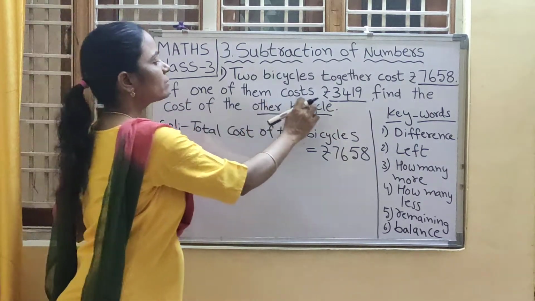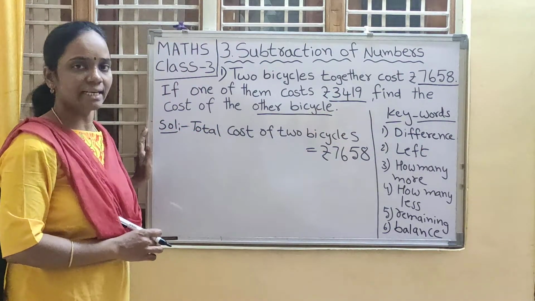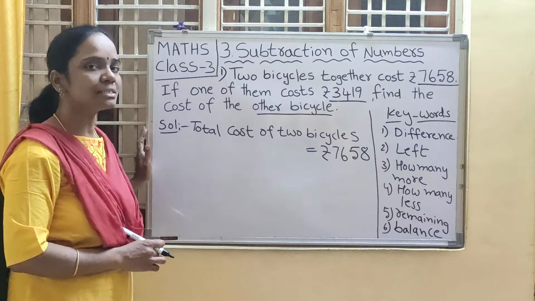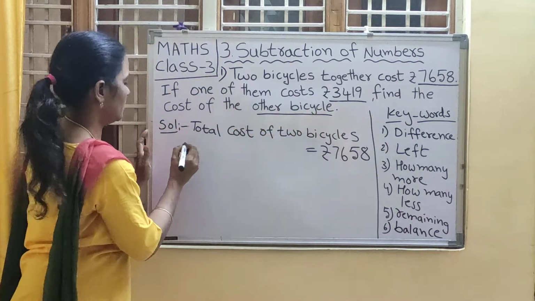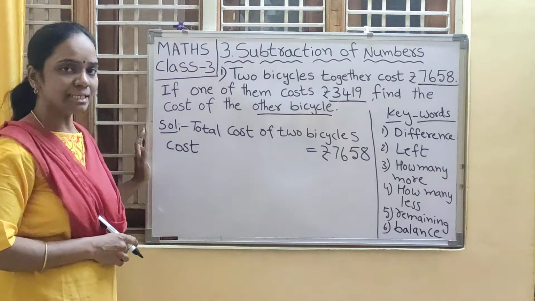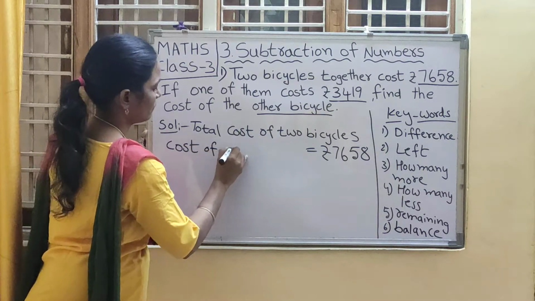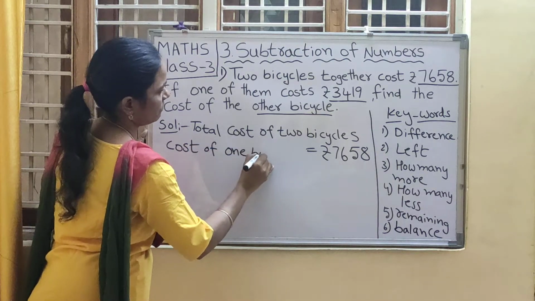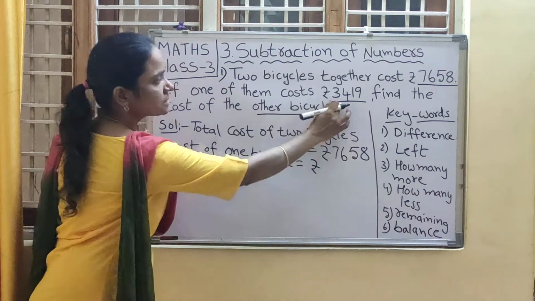Okay. Next statement. So we have to check the second line. If one of them cost 3,419, from that sentence, how do you frame a statement? Yes, this is nothing but cost of one cycle. So second statement: cost of one bicycle is equal to how many rupees?